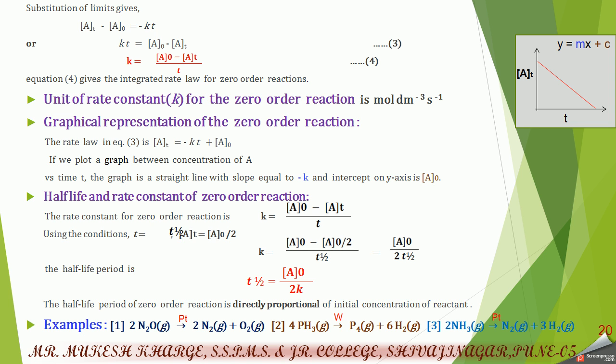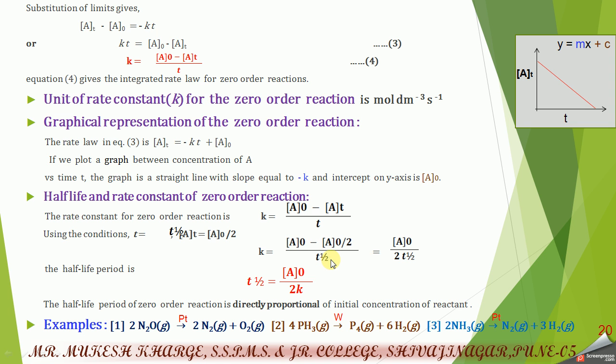If you substitute this value in this rate law equation, then k is equal to A0 as it is, minus At, which is A0 by 2, divided by t half. So A0 minus A0 by 2 is nothing but A0 by 2, and t half is as it is.